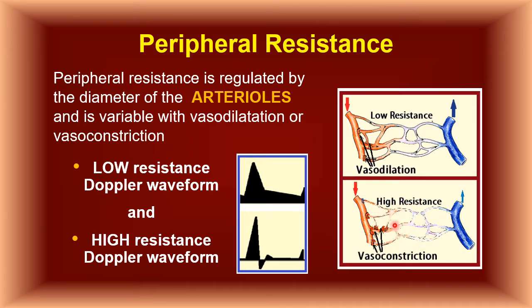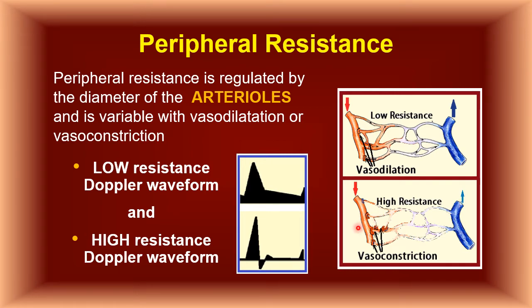So the perfusion, the nutrients and oxygen given to this area, will be limited. But again, we have a higher resistance to the flow. So with vasoconstriction, we have higher resistance and low perfusion. Accordingly, the veins will drain less blood, as you see here in the small arrow.